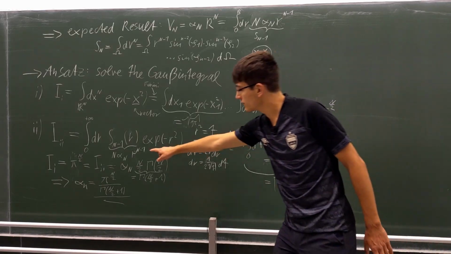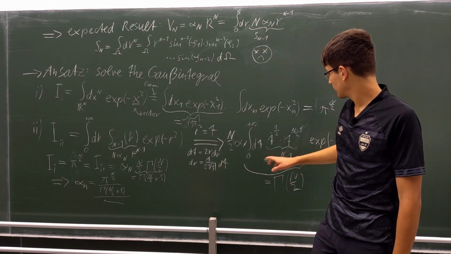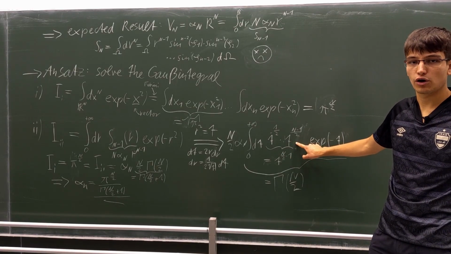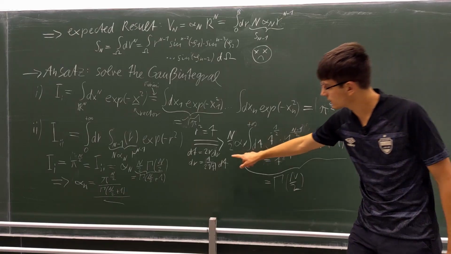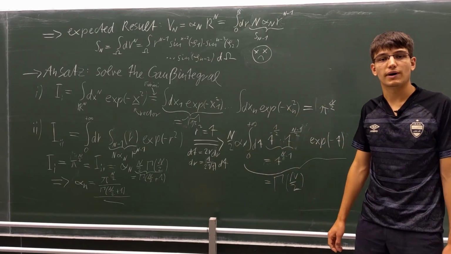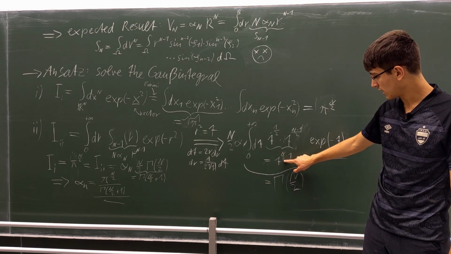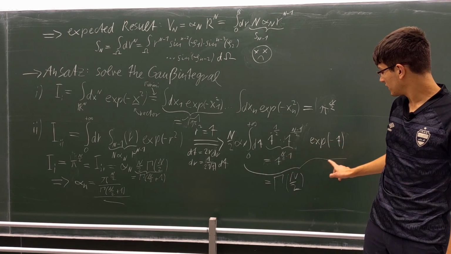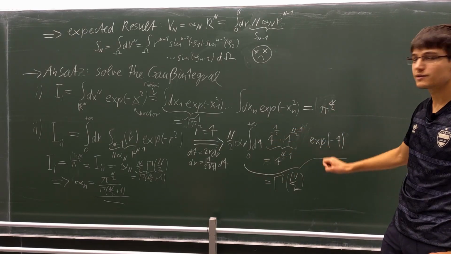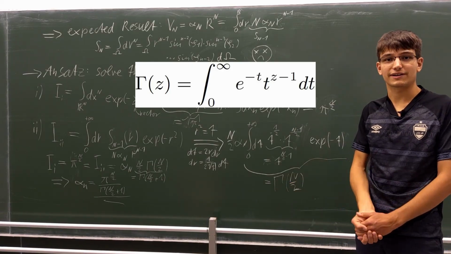We take the factor r to the power of n minus 1 and exchange it to t to the power n minus 1 over 2. And you also take into account this factor, which is t to the power of minus 1 half. Combined, it's t to the power of n halves minus 1. And if we look at this integral, we know that this is the definition of the Euler gamma function.